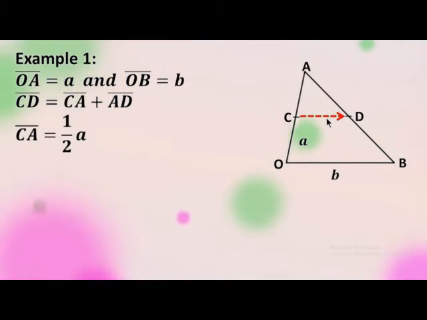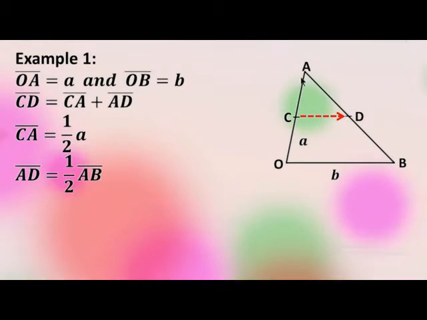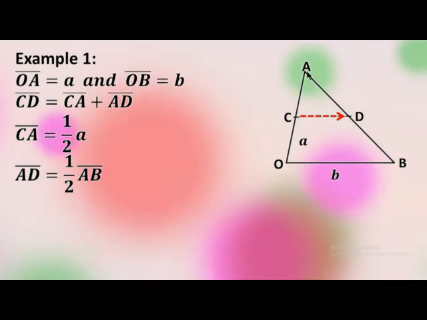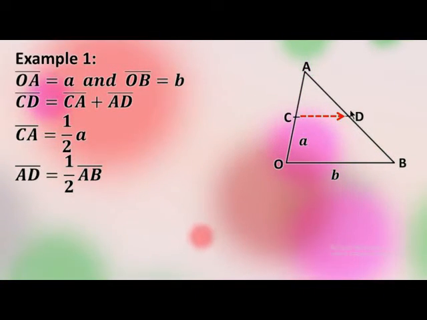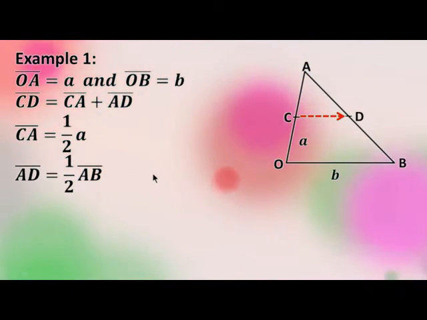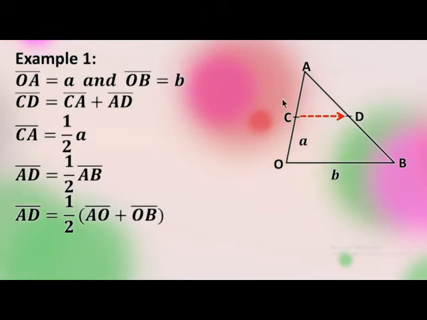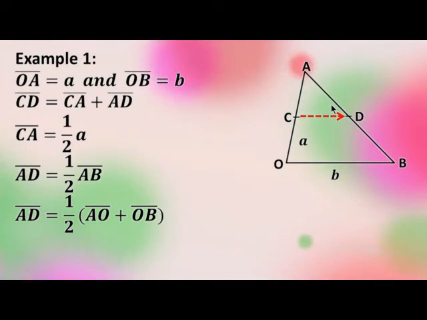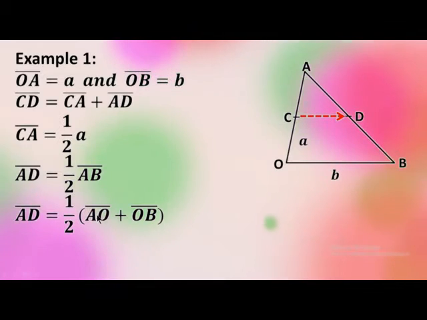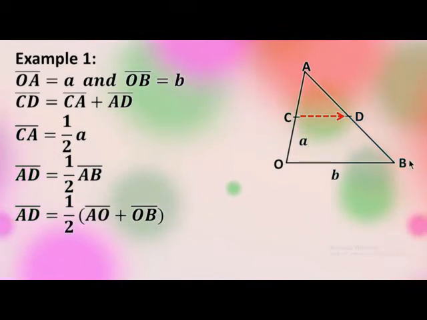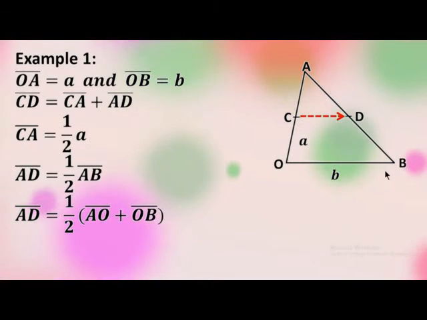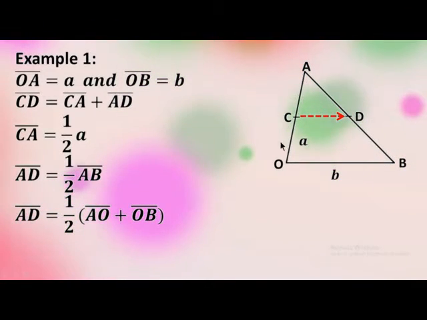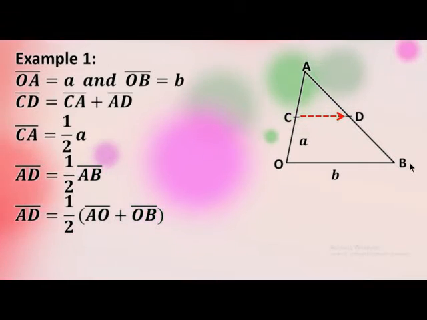We know that CA is actually half of A because C is the midpoint of OA, and AD is actually half of AB because D is the midpoint of AB. AB is a vector resultant of AO plus OB.